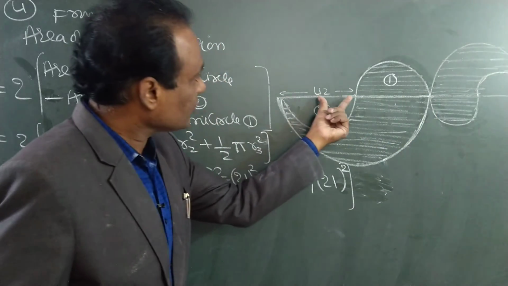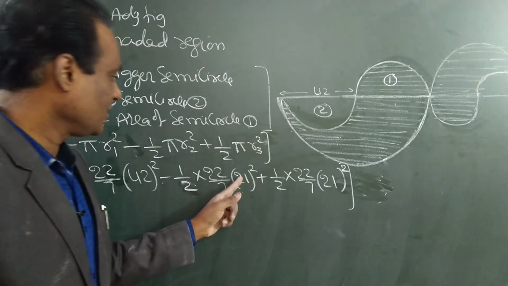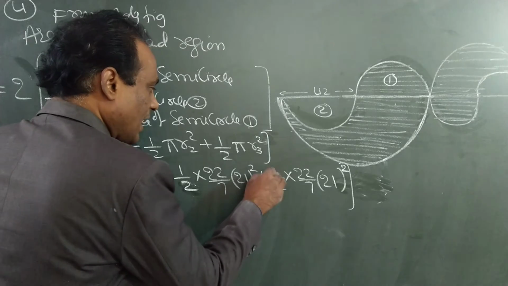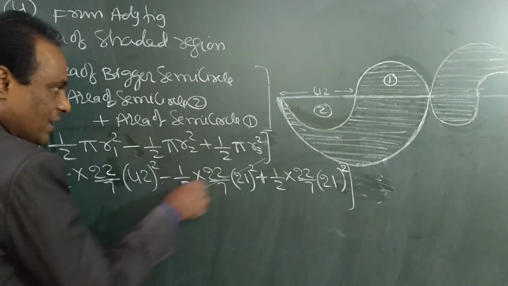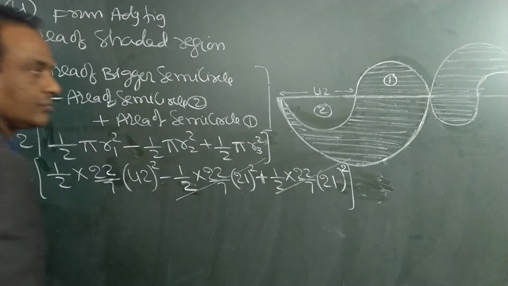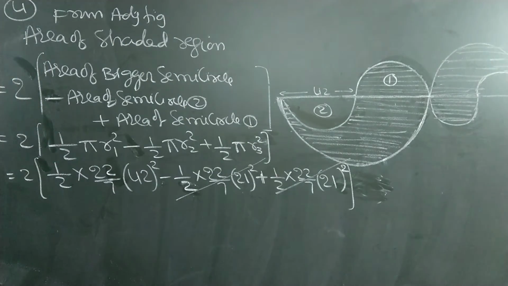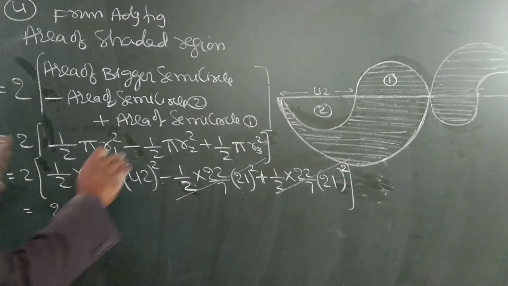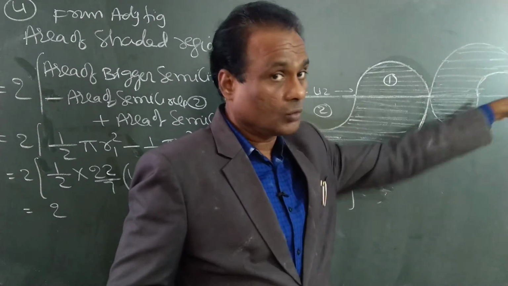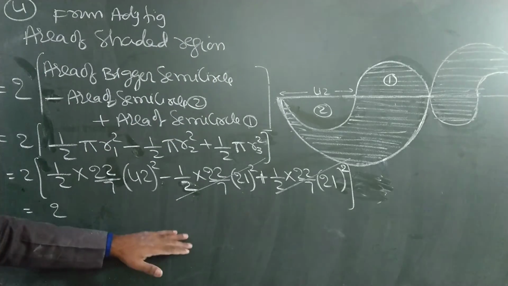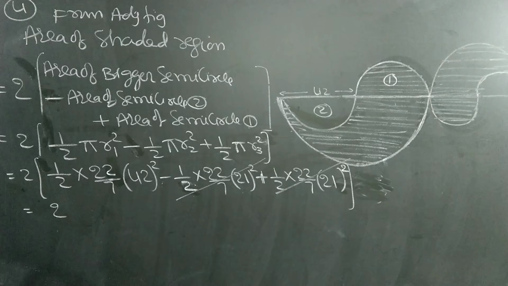For this one the radius is 21, for this one also the radius is 21. This is plus, this is minus, the same get cancelled. Why 2? Because two figures. After getting the answer, we can multiply with 2, like that also we can.